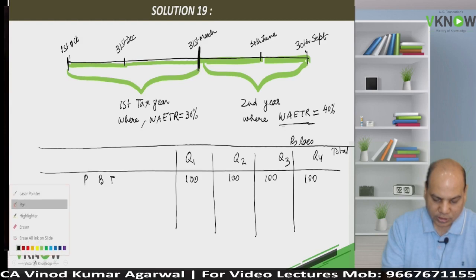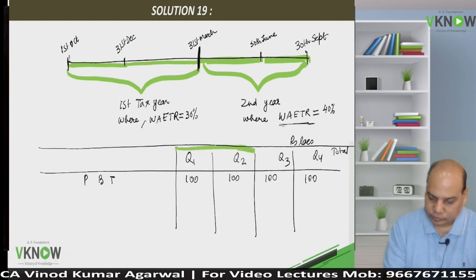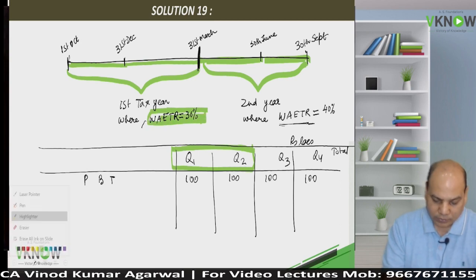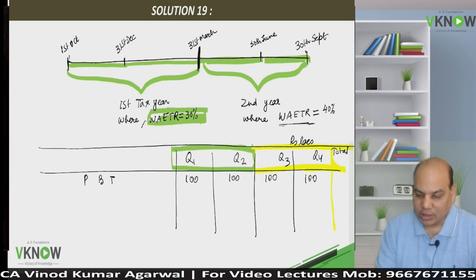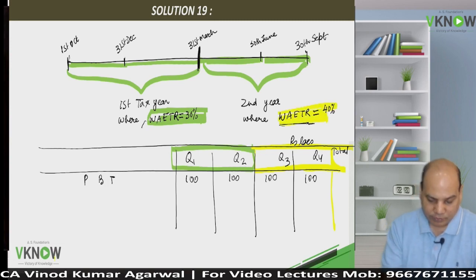But the first and the second quarter have a weighted average tax rate of 30%, whereas the third and fourth quarter have a weighted average tax rate of 40%. So what do I do? Tax expense. Here I will take 40. Here I will take 30.